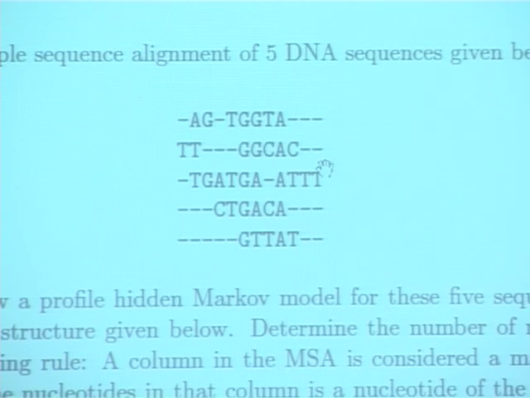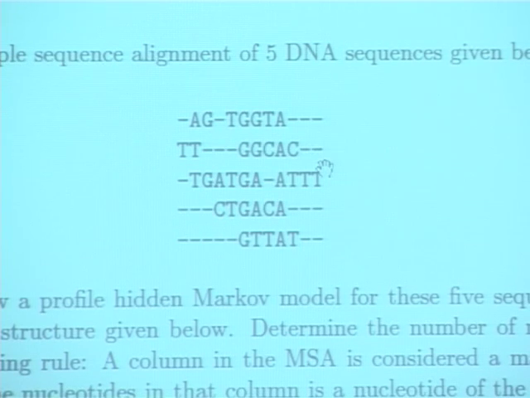It's going to start with I0, and after M1, if I have some columns that are between two match states, M1 and M2, all those columns in the alignment are going to belong to the I1 state.